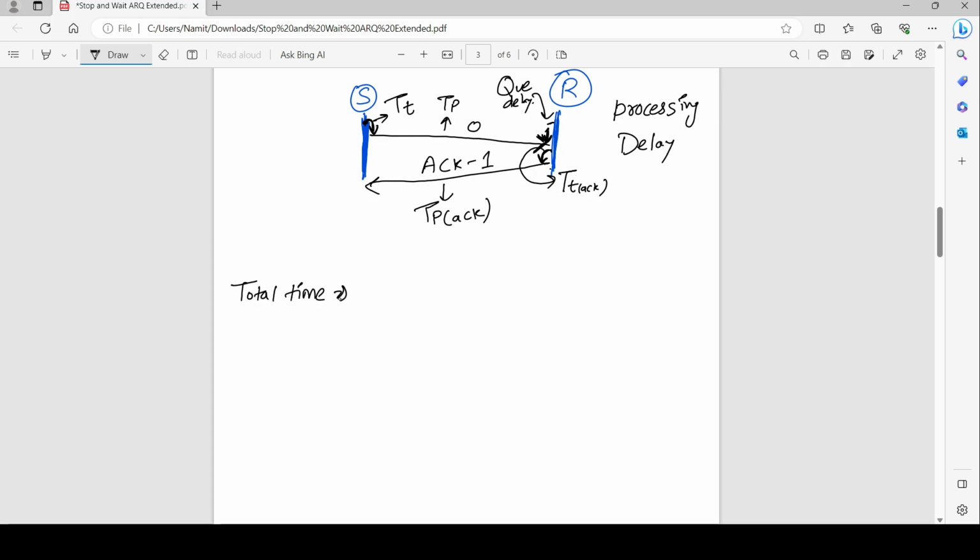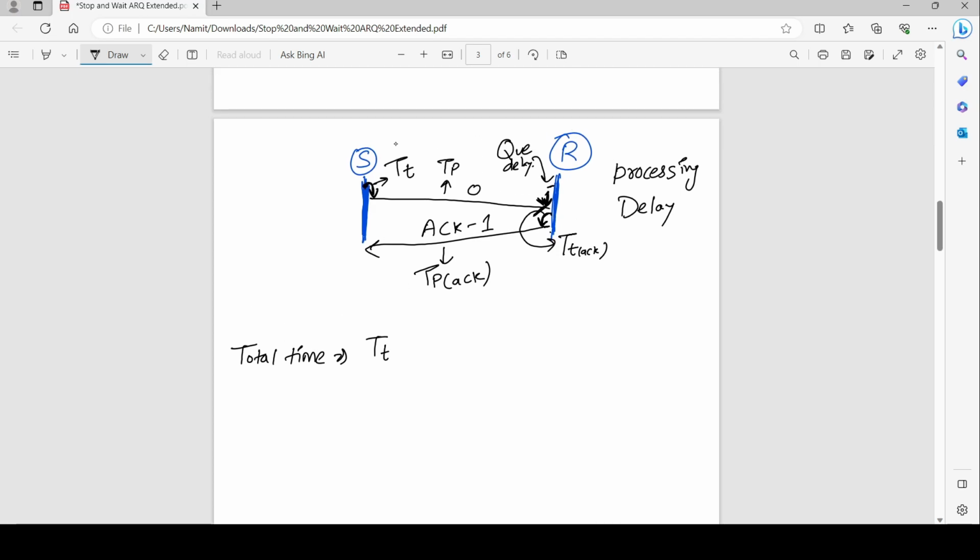I am considering all the factors. What is the total time? So total time is transmission time first. I'll write numbers over here so that it is easier for you to understand. First, second, third, fourth, fifth and sixth. Transmission time plus propagation time plus queuing delay.